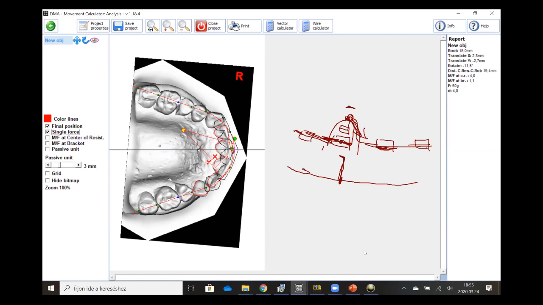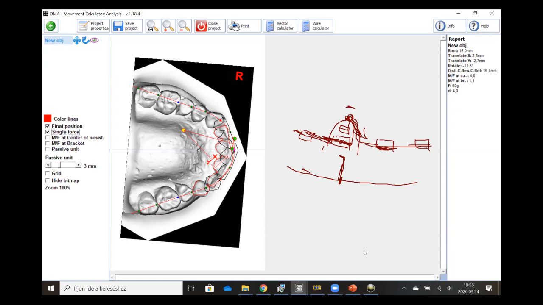But again, my suggestion is that you don't go more than 5-6 millimeters in order to make this more comfortable for the patient. The good thing is that we are not bringing the incisor 5 millimeters forward, but maybe 2 or 3 millimeters at the most. So the change of inclination will never be so bad.